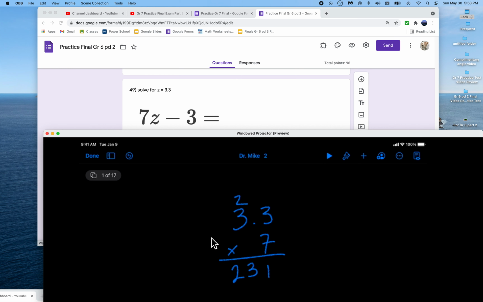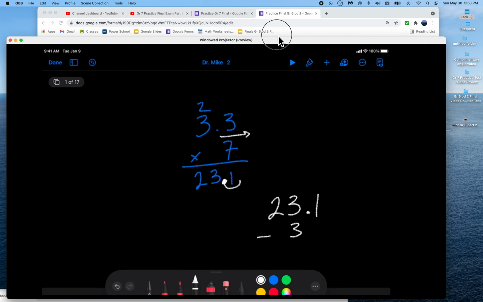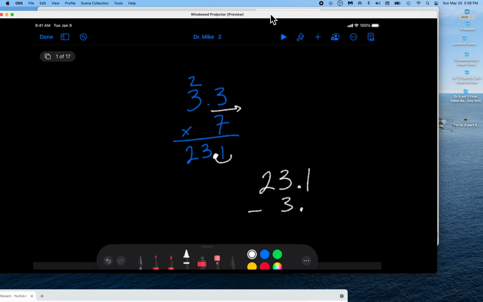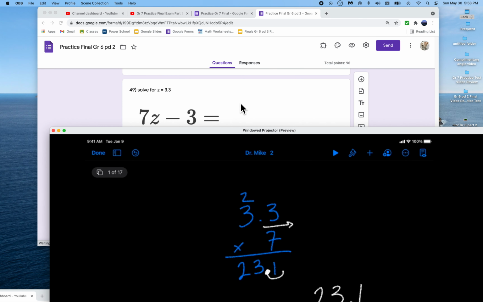How many digits are to the right of that decimal point? Answer 1. Therefore, you take this and you move it 1 spot. Your final answer is 23.1. Now you subtract 3. Again, when you're adding decimals, I think it's helpful to line it up like that. Instead of just 3, put 3.0. It just helps me. 20.1 is your final answer.